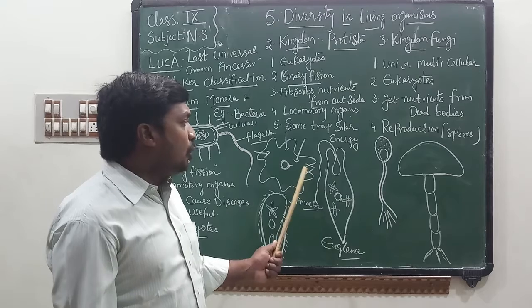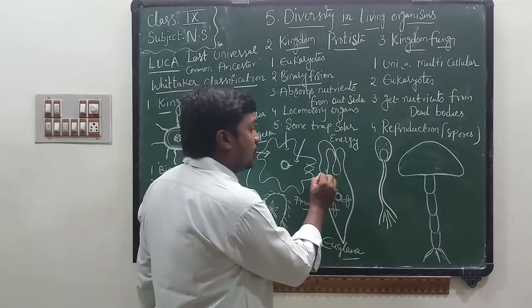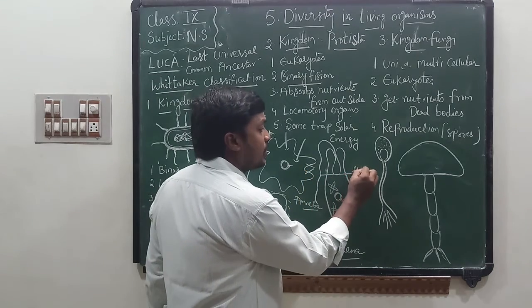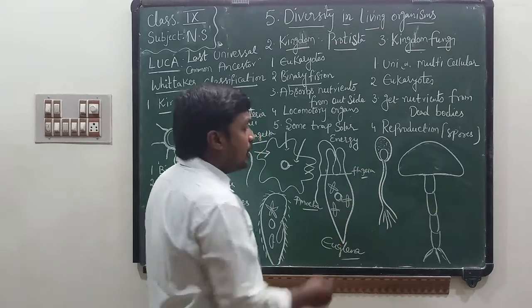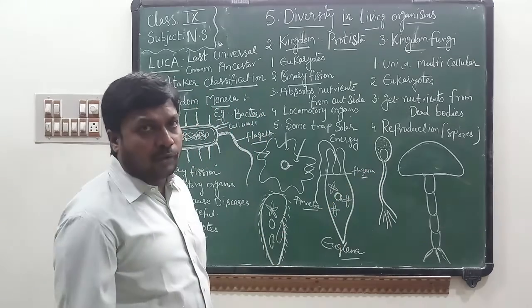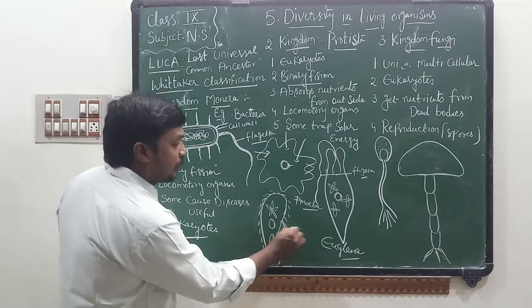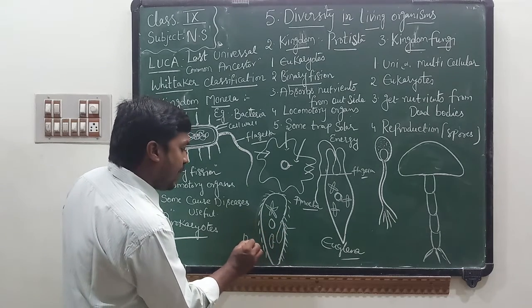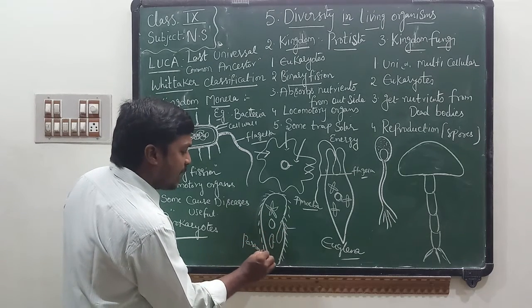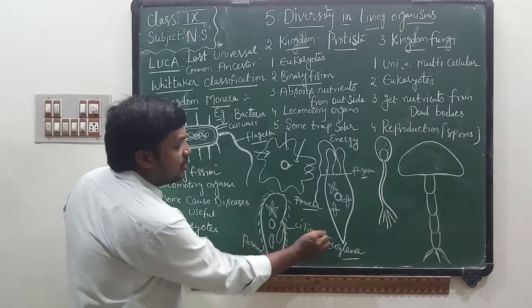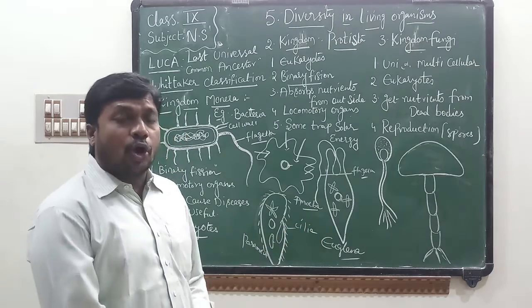If you observe euglena, they have flagella. With the help of flagella, they can move from one place to another. This is called paramecium. In paramecium, they can move with the help of cilia. So, what are the locomotory organs?